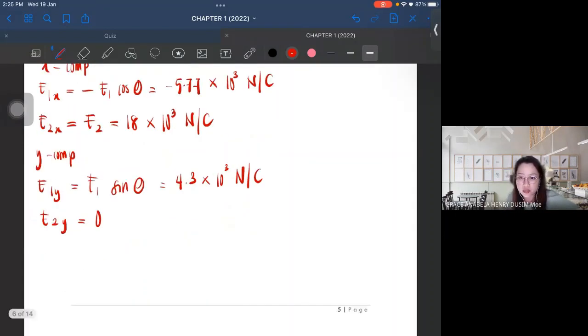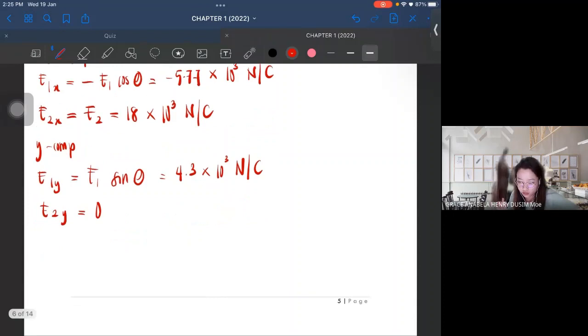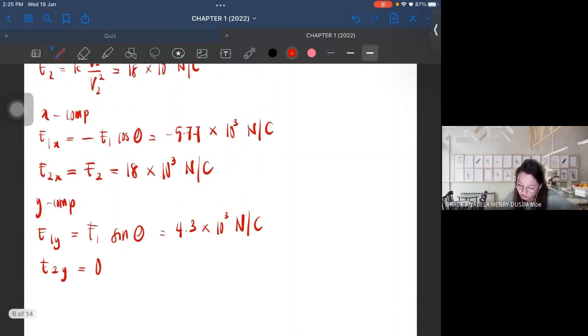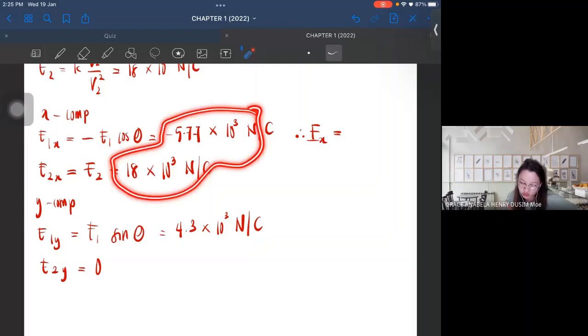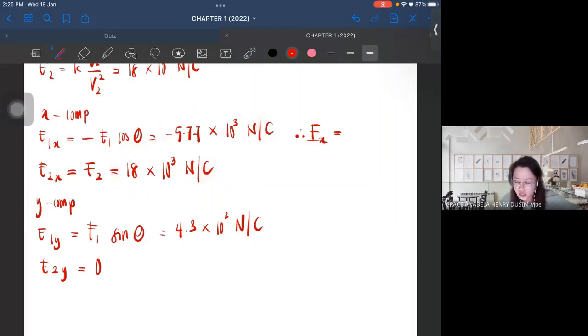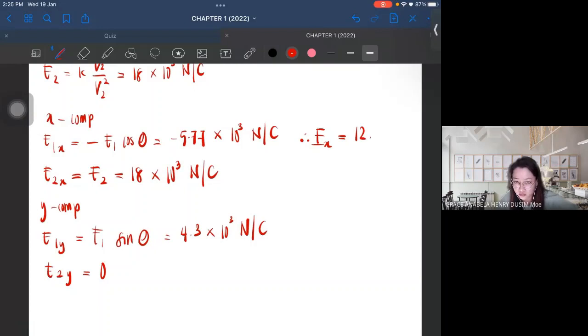Right. Now, after doing that, we have to calculate Ex, the electric field for the x component, which is basically the addition of these two values. So you should get around 12.2 kilonewton per coulomb. Then for this one is equal to 4.3 kilonewton per coulomb.